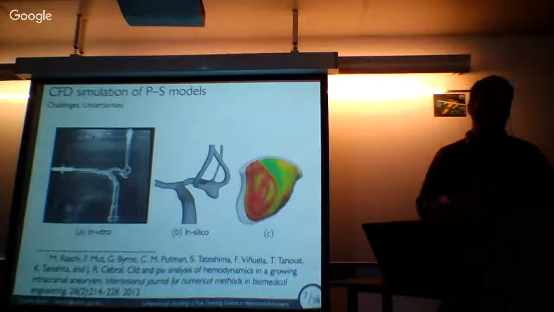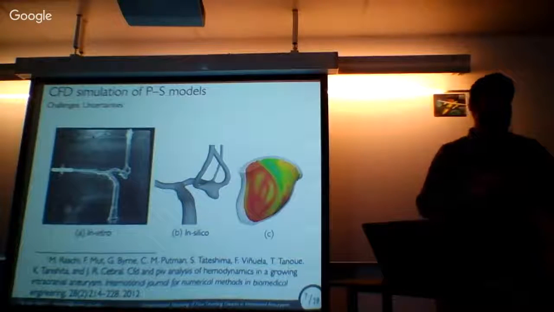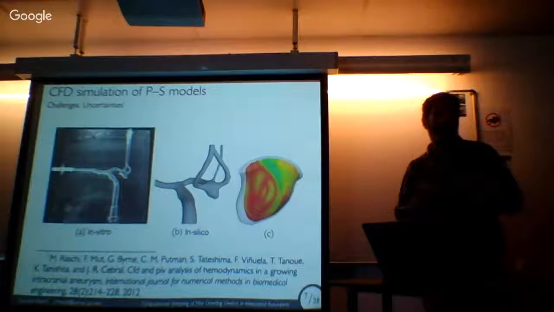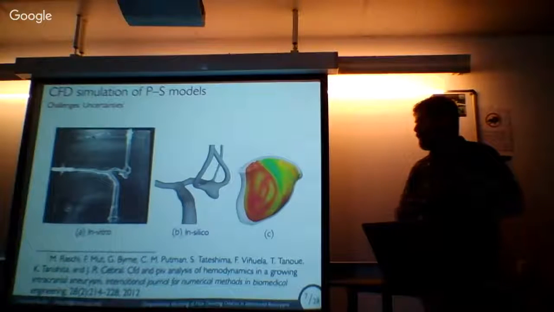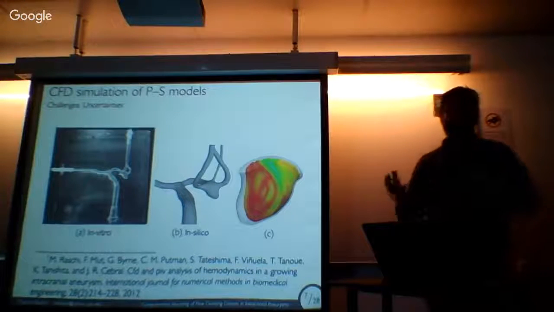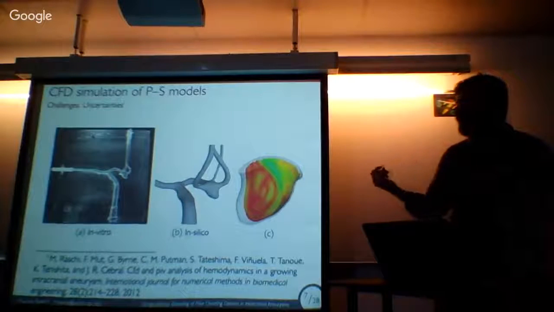We don't know how the boundary conditions are. We don't know how the profile of the fluid is entering. We don't know what's going on there. How close are we from our assumptions of rigidness of the wall?